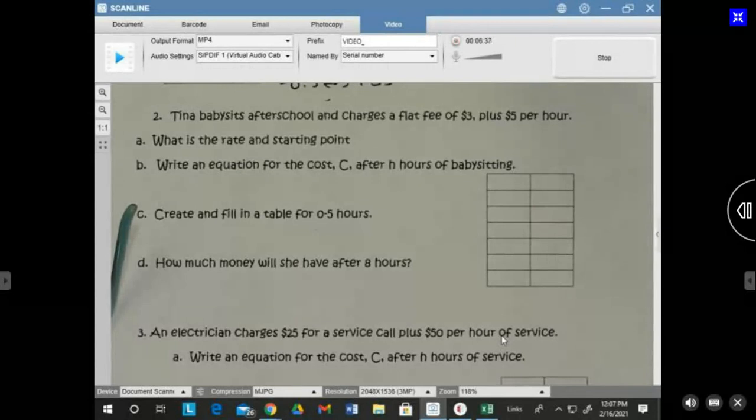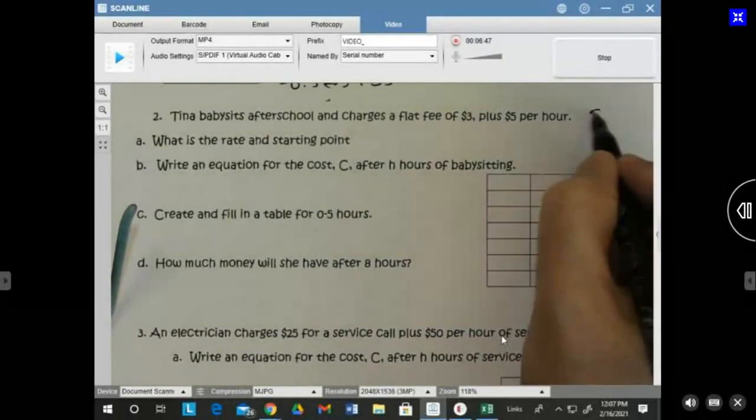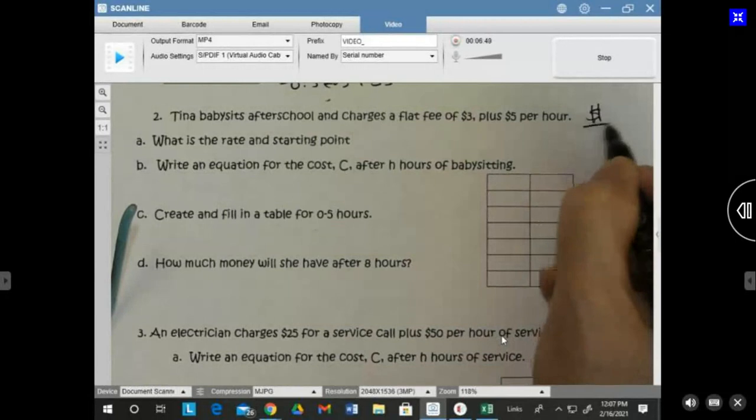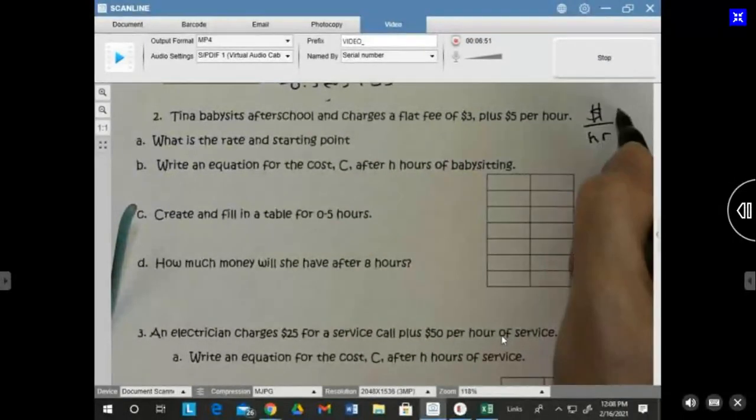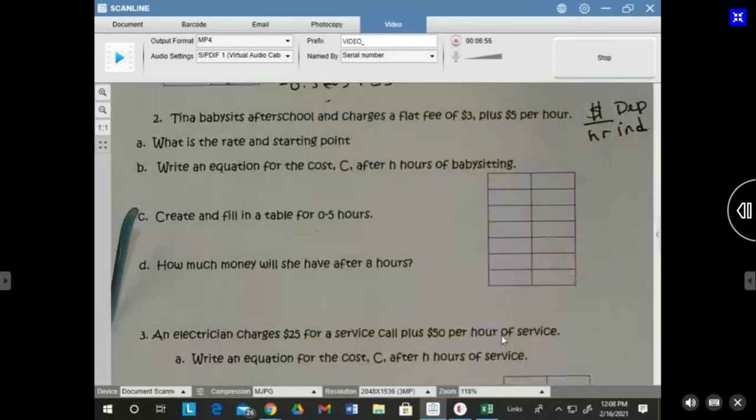And then we have, do you see that per word? What per what? Don't say any number, but what per what? Good. Dollars per hour. That makes dollars my dependent and hours my independent.